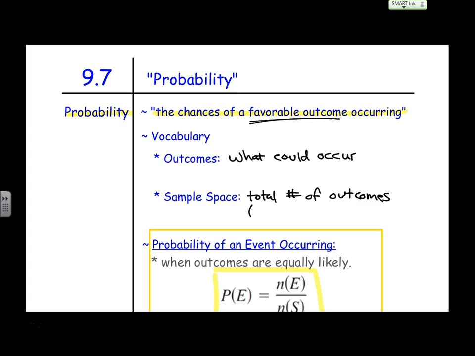Total number of outcomes, the favorable and the unfavorable. Come on, my writers out there, which one's better, unfavorable or non-favorable? Unfavorable? Okay. That was an awkward space. Good thing I have a program. Oh, I just stole an E.